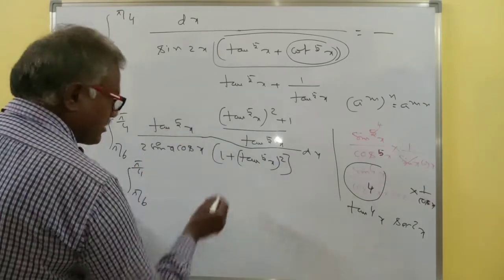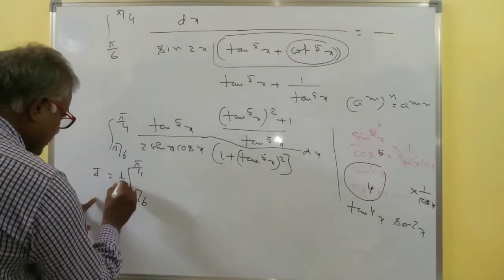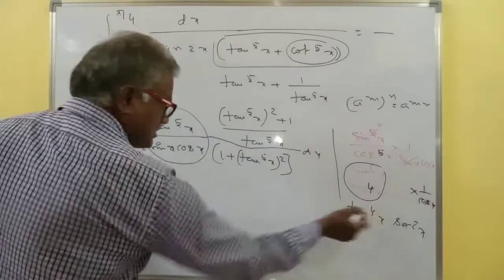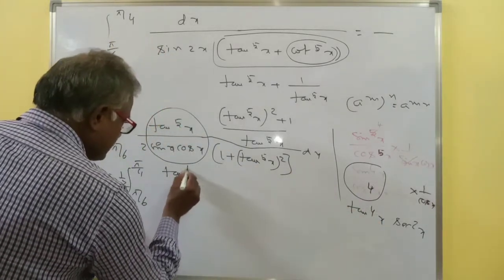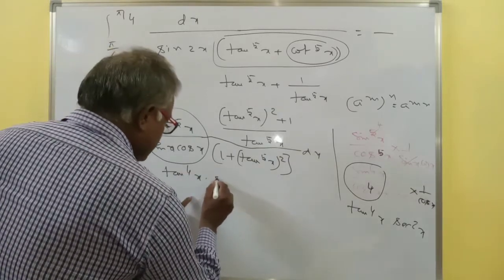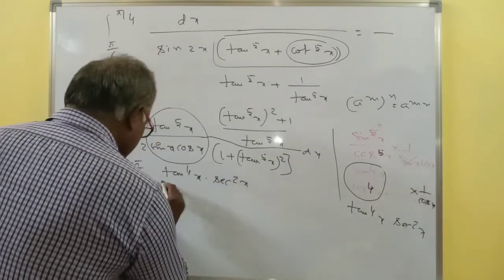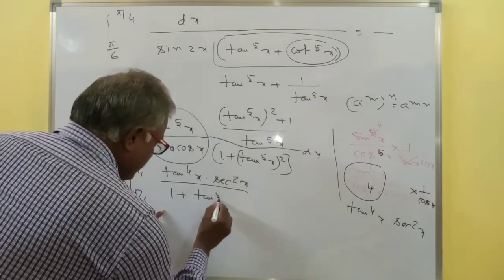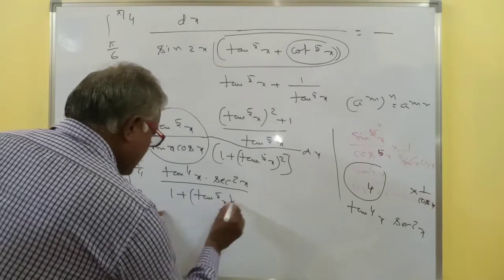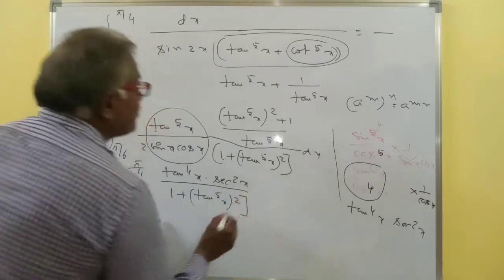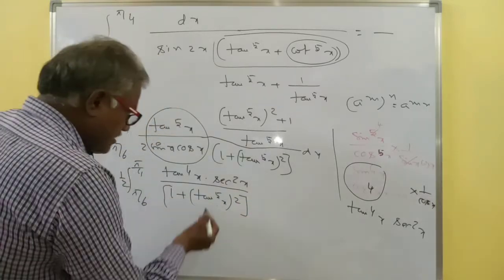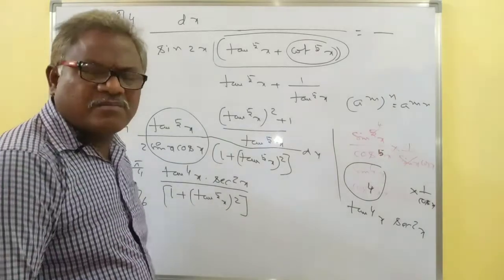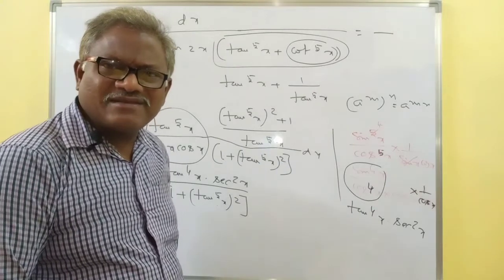So finally, from pi by 6 to pi by 4, totally 1 by 2 into tan^4 x secant square x divided by 1 plus (tan^5 x) whole squared. The integral of 1 by 1 plus x square is tan inverse x.